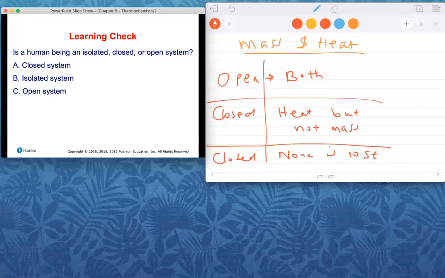That's the normal body temperature, 37 degrees Celsius. That means you're giving away heat, but not mass. Somebody said that it is closed or isolated. If it was isolated, the thermometer would not read anything, it would just remain the same. Isolated means neither.